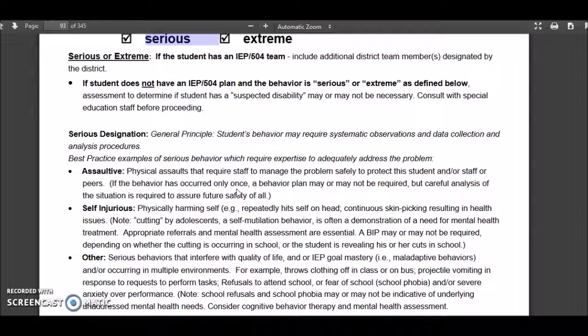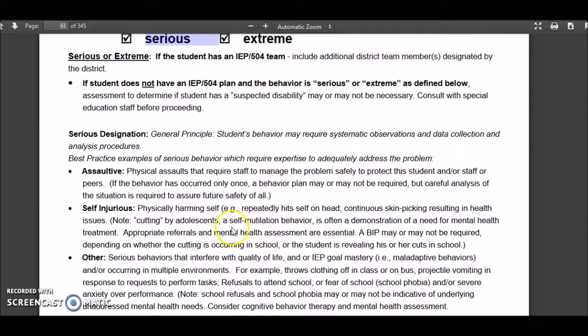Another example would be if the student is inflicting harm on him or herself, maybe banging their heads against the wall or skin picking or anything of that sort. The team should also consider a referral for a mental health assessment at that point.